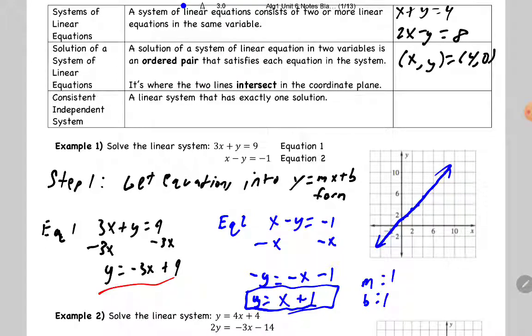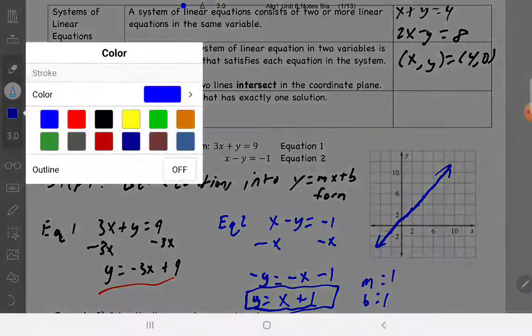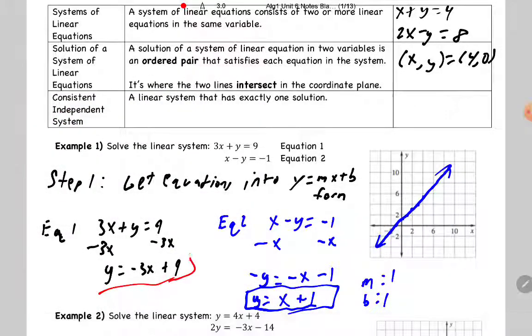Okay, let's do the red one. So the slope is -3, and our y-intercept is positive 9. So we're going to go up to 9 and make a dot. And then we're going to follow our slope.